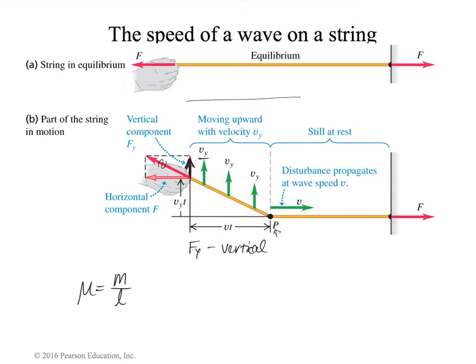Notice the point P is the dividing point between the portion of the string that is displaced and the portion of the string that is not displaced. It is sort of the dividing line between where the disturbance has reached and where it has not reached. The speed that point P moves to the right with is also going to be the speed of the wave, the speed that the disturbance propagates with.